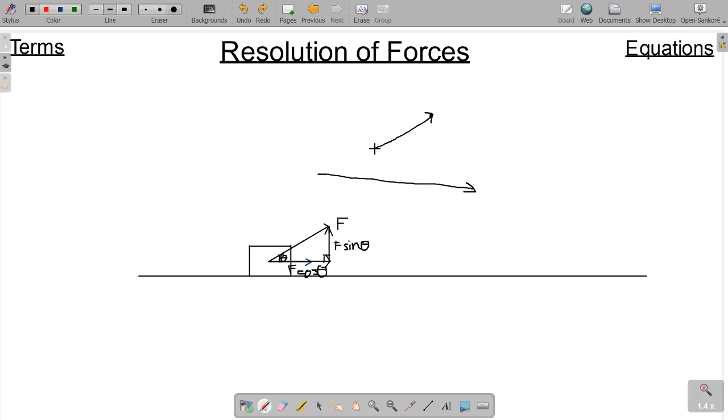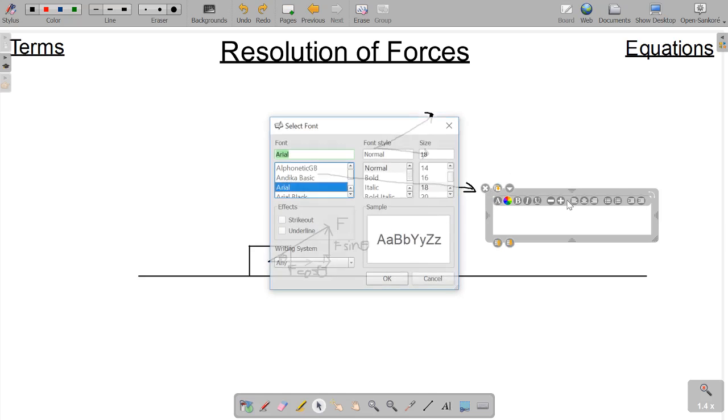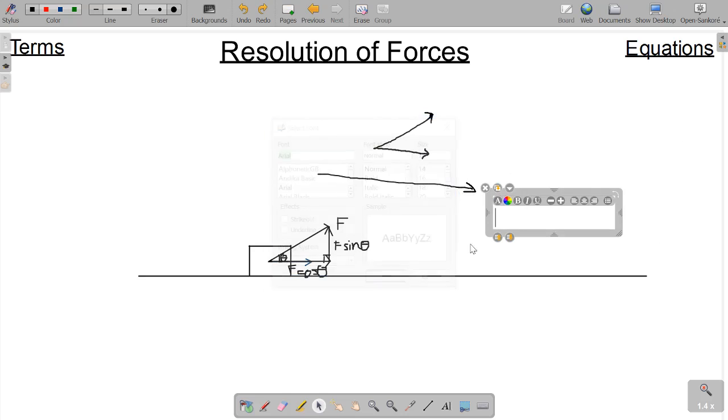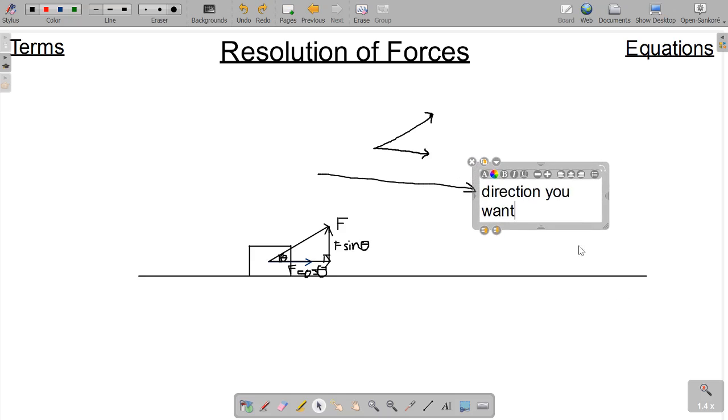Then you can resolve it into two components, one that's parallel to the direction you want, in this case the horizontal direction, and one perpendicular to it.